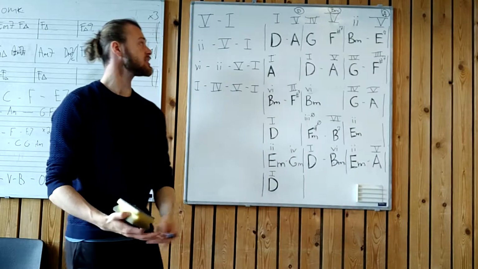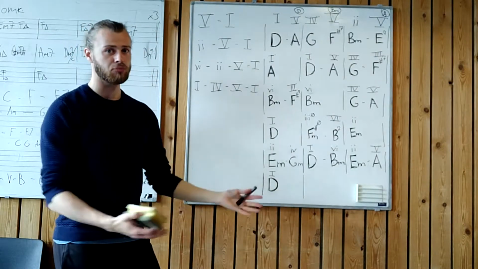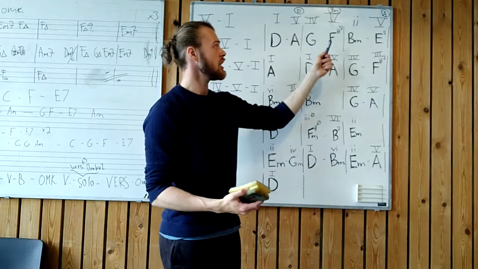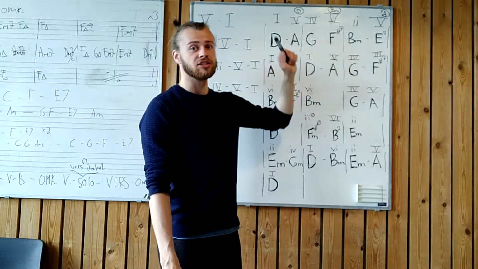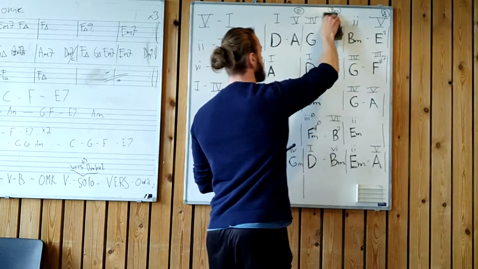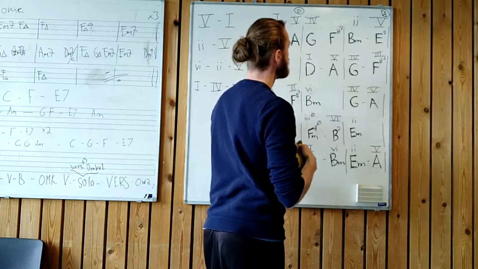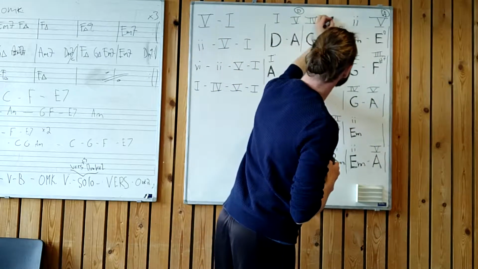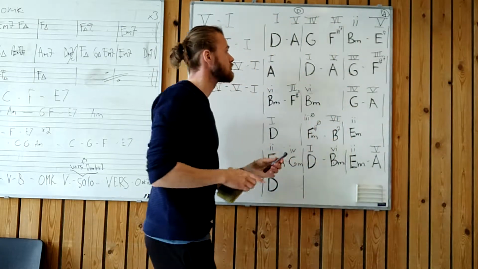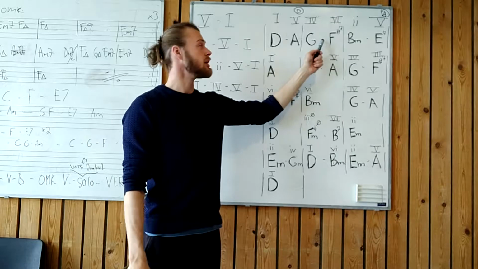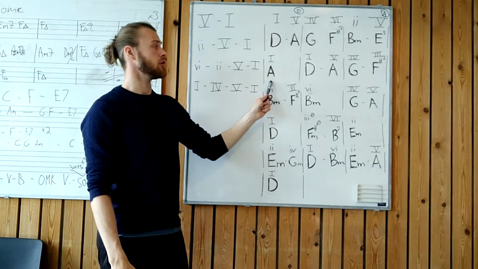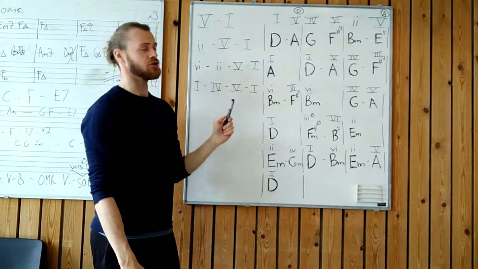But still, this isn't necessarily the best way to remember it, because you could also view this F sharp chord as being a 6 chord in A major. So then the progression would be a dominant 6, 2, 5, 1 in A major.